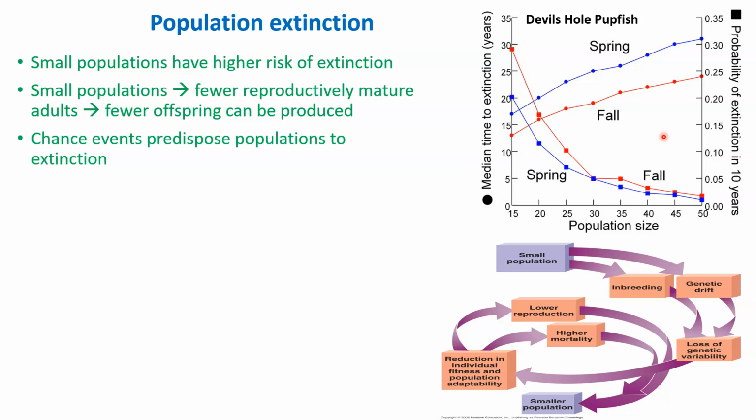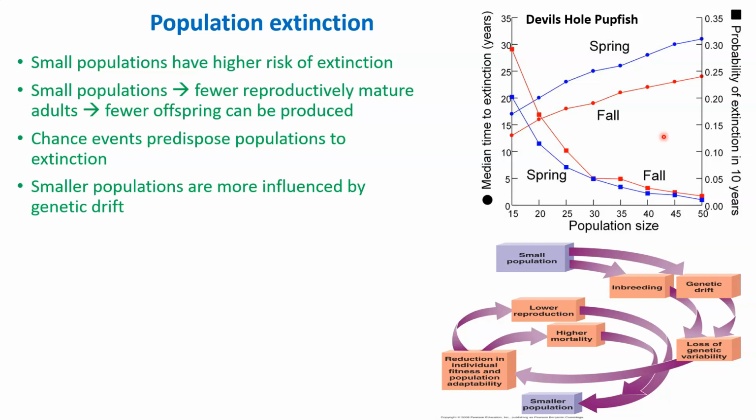As a result, smaller populations are also a lot more prone to chance events, right? They can suffer massive amounts of mortality simply due to bad luck, right? Because the current standing population size is smaller, some random dumb luck can dramatically decline the standing population even further, increasing their extinction risk.